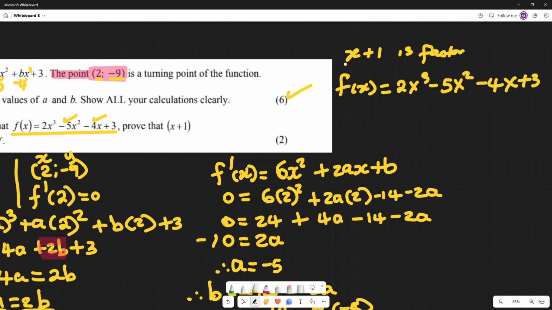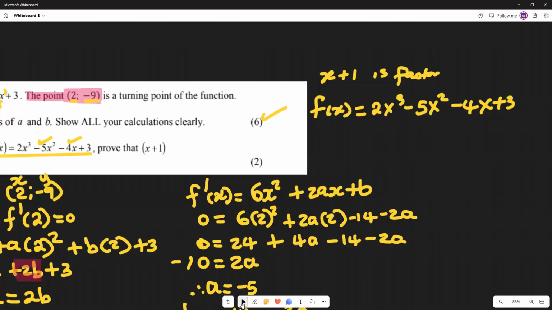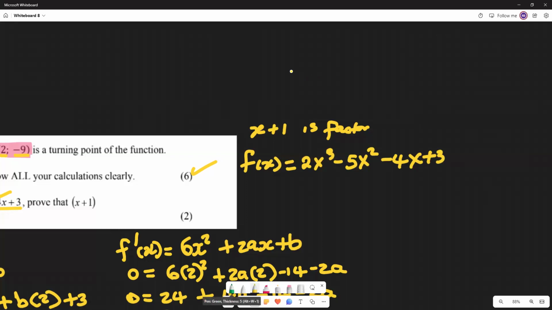So if this is a factor, we need to do this. x plus 1 will be equal to 0 if it's a factor. Then x equals negative 1. Which means if this is a factor, you always say equals 0 and then you solve for x. The x value you get, you are going to substitute here. So we're going to look at f of minus 1. If the answer is 0, it's a factor. If the answer is not 0, it's not a factor. Let's see.